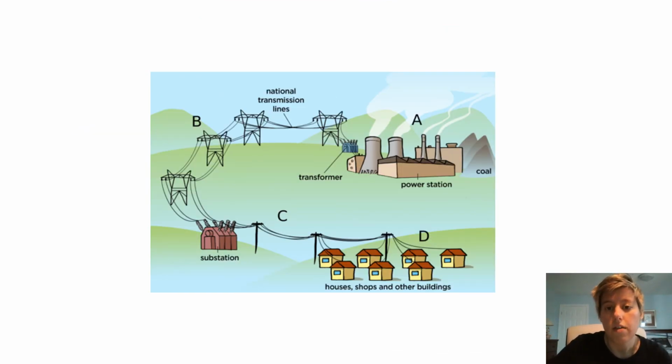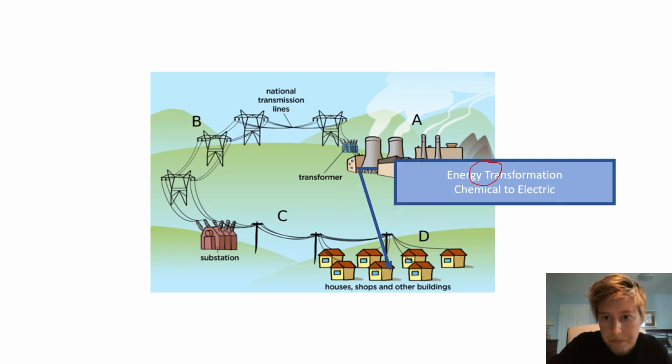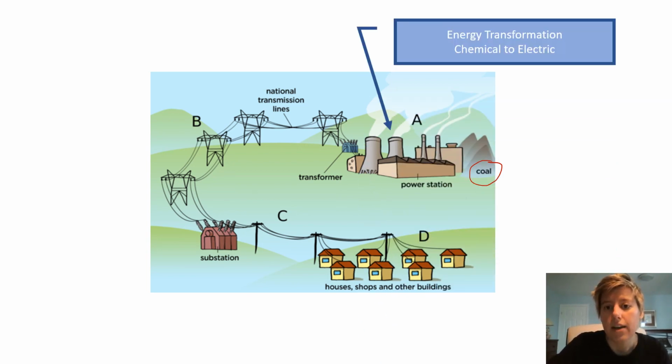We also have another example right here where we have an energy production system just like before, but in this case it's not hydroelectric, it's coal. So my energy transformation would be chemical, because I'm burning coal, to mechanical, and then mechanical to electrical. So we have that transformation right here.